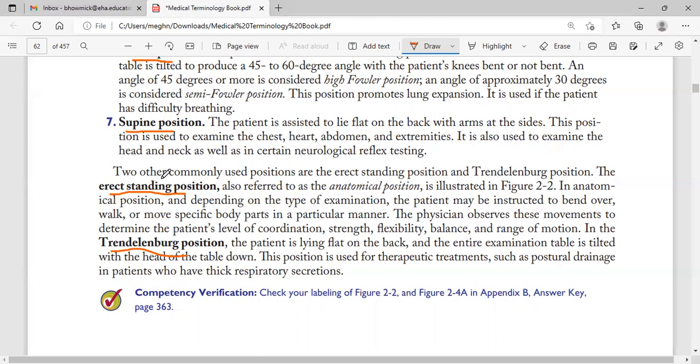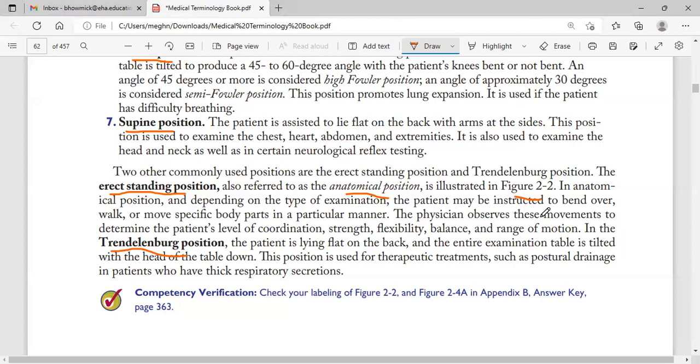The erect standing position is also referred to as the anatomical position. There is one picture we will see later, and also the position depends on the type of exam.